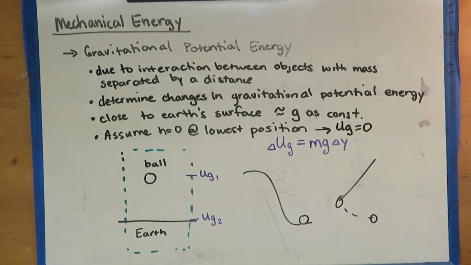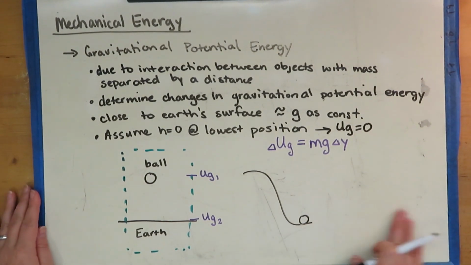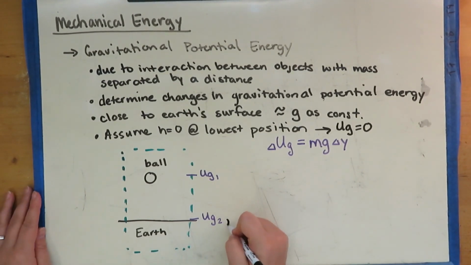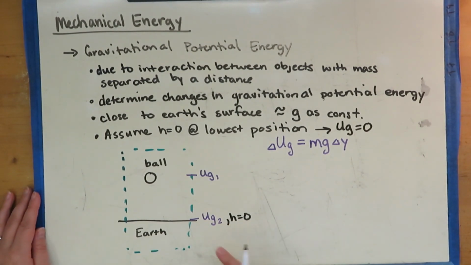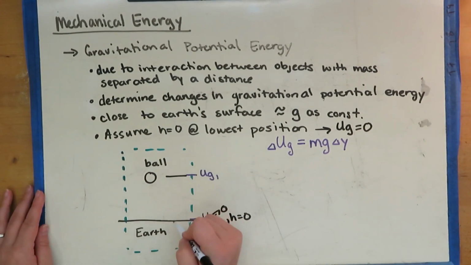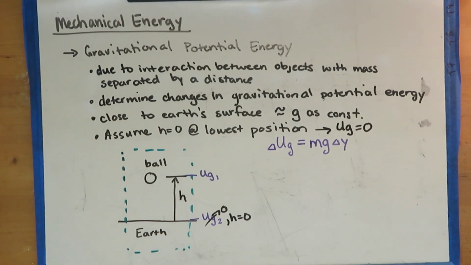So what that does to this equation is that now we can define here at the bottom h equals 0. So U_G here at the bottom is just going to be 0. And then I'm going to define this height here to be h that I am at.